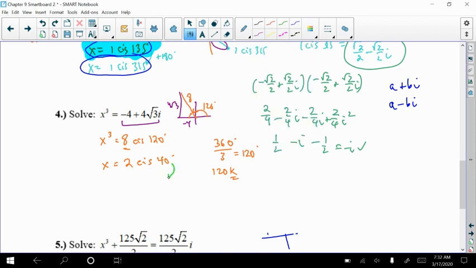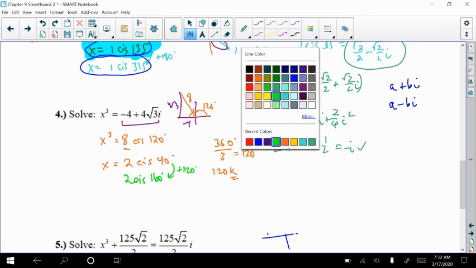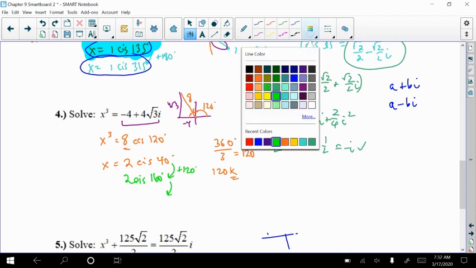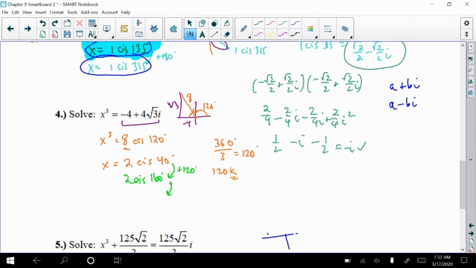So if I add 120 degrees to get my second one, I could say 2 cis 160 degrees. And if I add 120 degrees more, I get 2 cis 280 degrees.